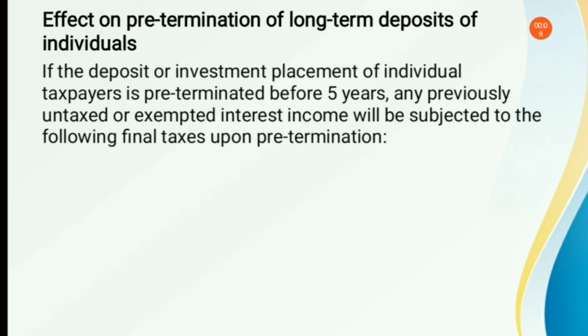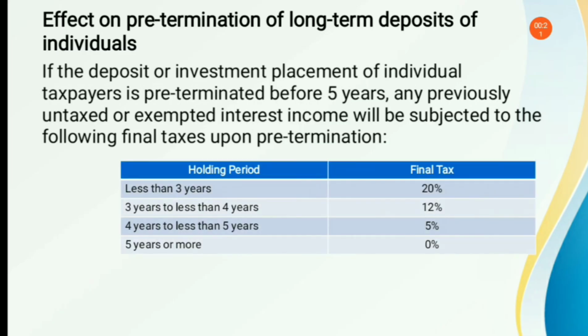If the deposit or investment placement of individual taxpayers is pre-terminated before 5 years, any previously untaxed or exempted interest income will be subjected to the following final taxes upon pre-termination. So, if the holding period is less than 3 years, that will be subject to 20% final tax.